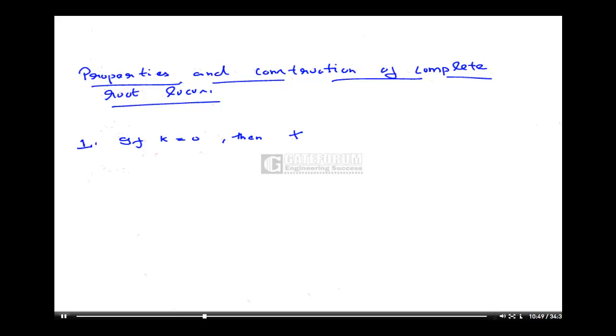then the points on the root locus are at the poles of G(s)H(s).